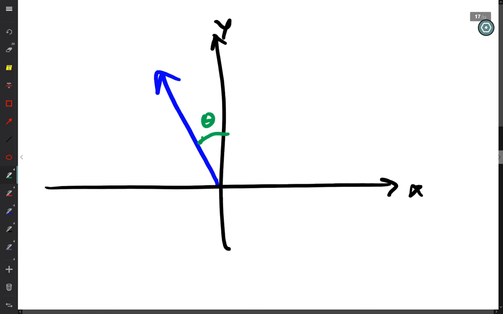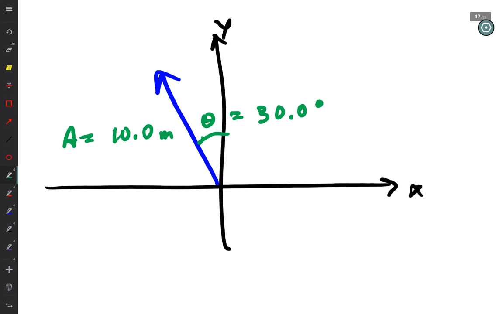I'm going to say the vector A has a magnitude of 10.0 meters, and the angle theta is 30.0 degrees. And I ask you, what are the x and y components of this? Break it down into components. Using the methods that I've already defined, what would you start to do first?